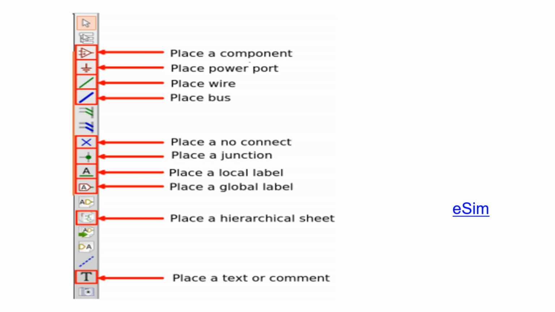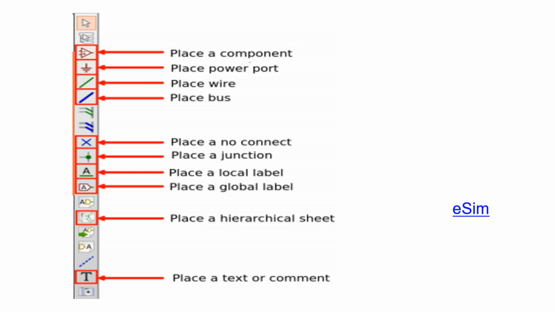If you like to keep some labels in order to understand the circuit, you could go with place a local label or a global label. We will be frequently using global label in order to visualize the name of your component. If you want to have some hierarchical sheet, you will go with the place a hierarchical sheet icon.